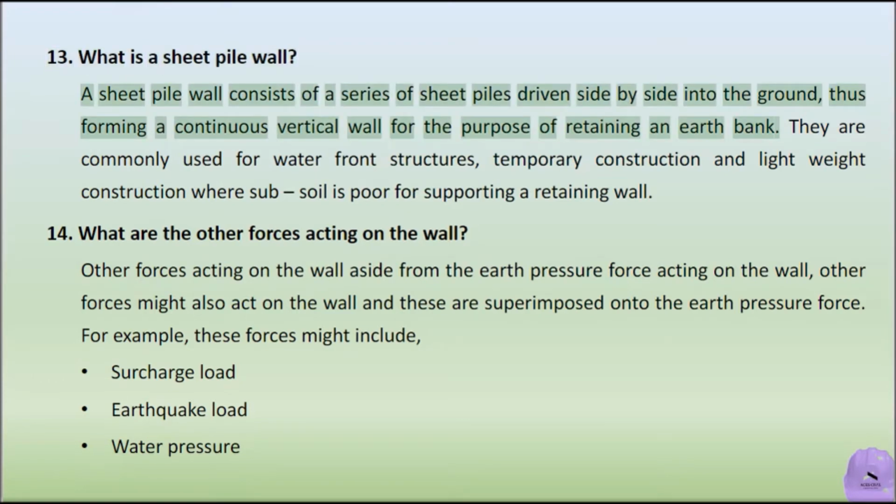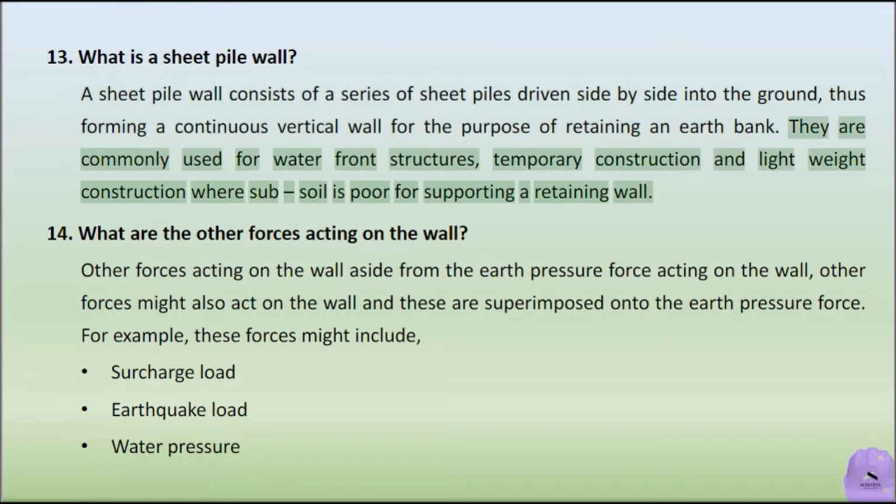A sheet pile wall consists of a series of sheet piles driven side by side into the ground, thus forming a continuous vertical wall for the purpose of retaining an earth bank. They are commonly used for waterfront structures, temporary construction, and lightweight construction where subsoil is poor for supporting a retaining wall.